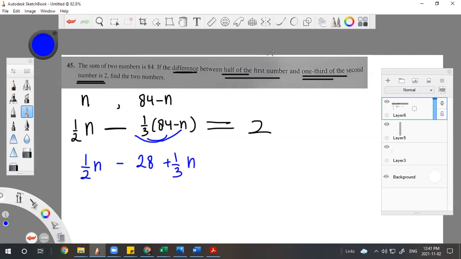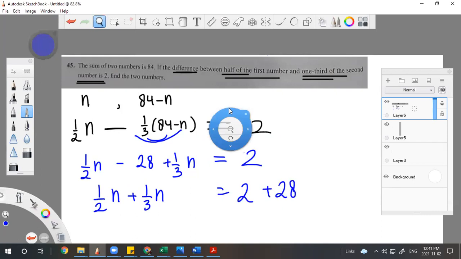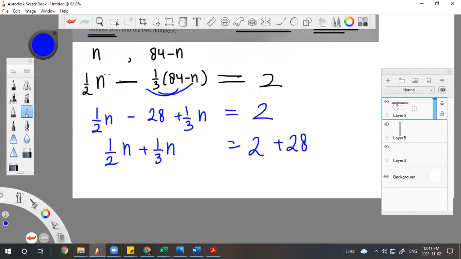Oke. So what next you can do? You bisa langsung lanjutin equals to 2, right? And then collect the like terms: 1 over 2n plus 1 over 3n equals to 2 plus 28. Ya. And then make the denominator equal. Wah, nggak mau tempatnya. Terlalu gede tulisannya.